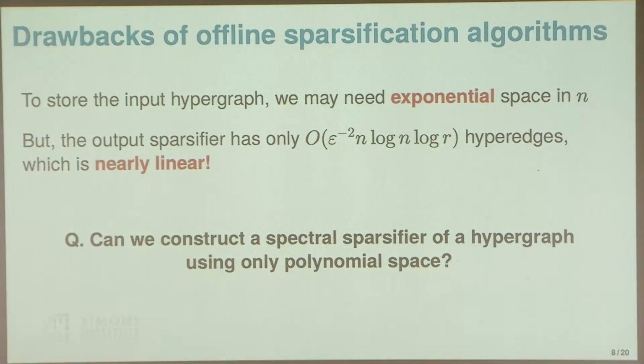So your final output is going to be very small, but the working memory would be very high. That's not nice, right? So a natural question is whether we can construct a spectral sparsifier of a hypergraph using only polynomial space. That's the main motivation of this work.